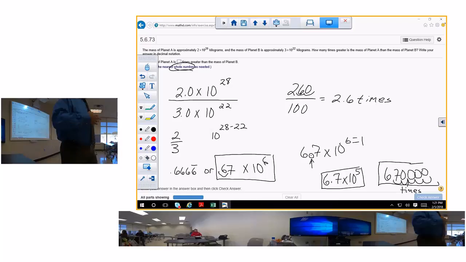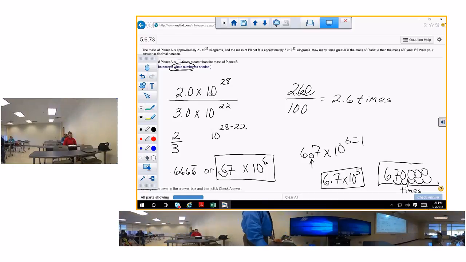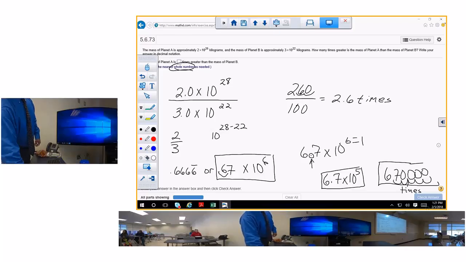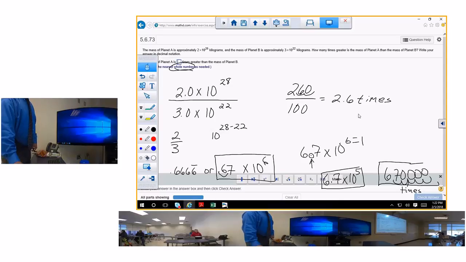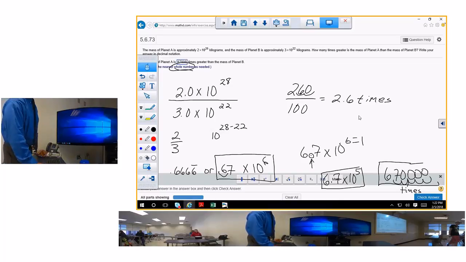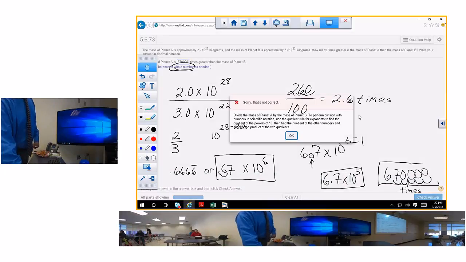So you put in 670,000. So let's check it, because there's still maybe somebody out there that thinks I'm crazy. So let's see what happens. I actually get people that still think I'm doing it wrong after they've done 3 wrong problems and I've done 3 right. They still think I'm doing it wrong because I do it a little bit different. 670,000. Okay, then I'm wrong.